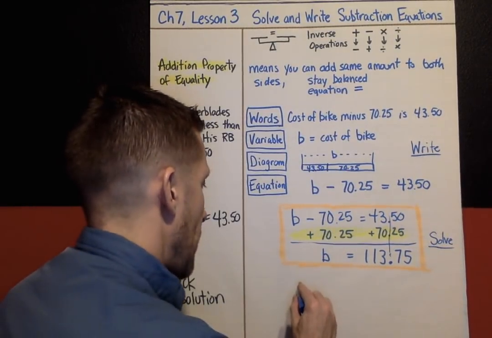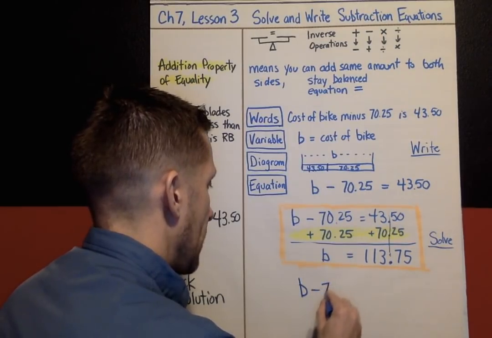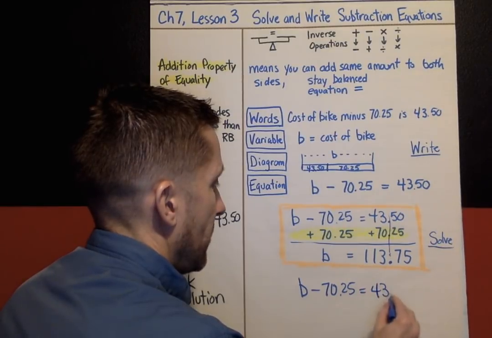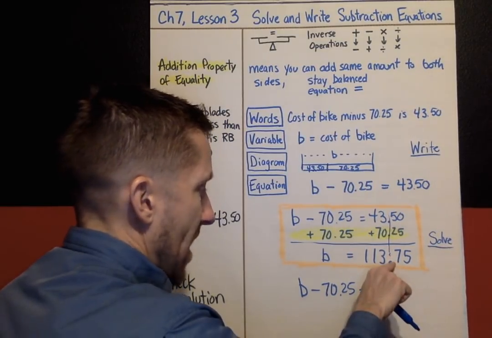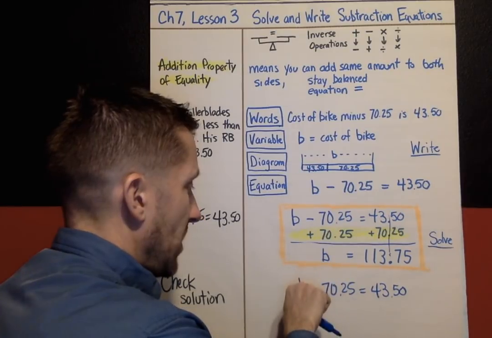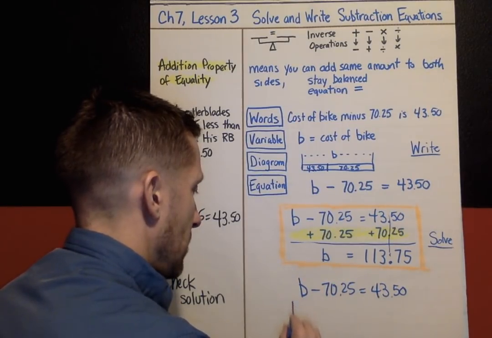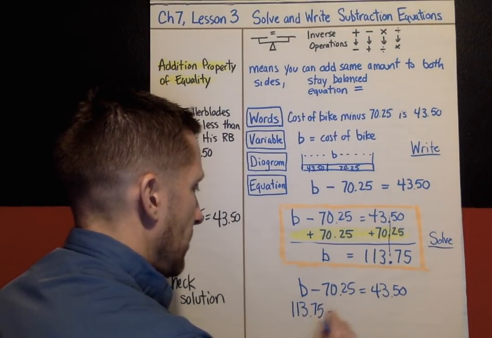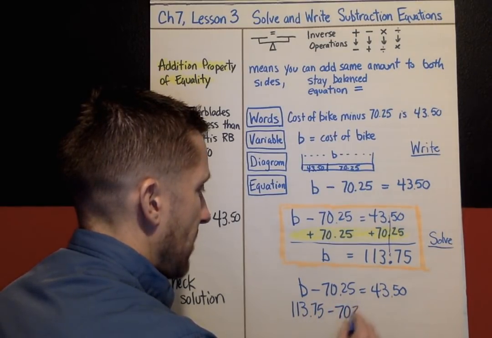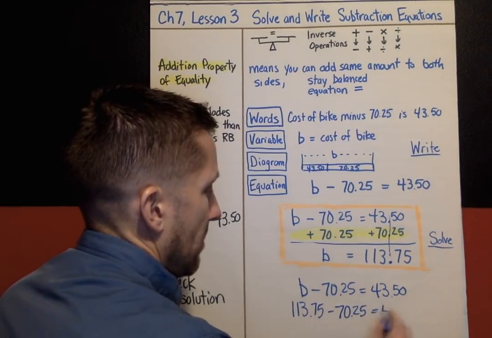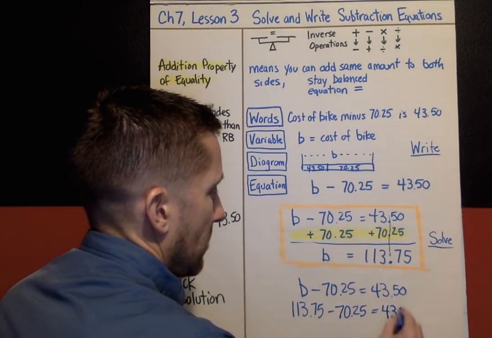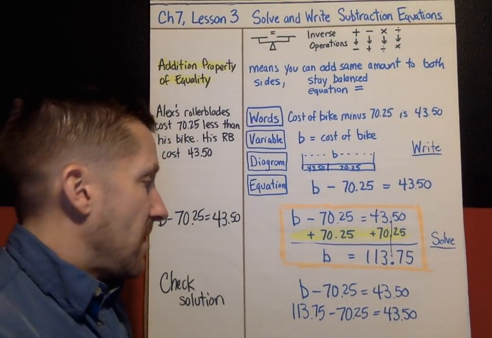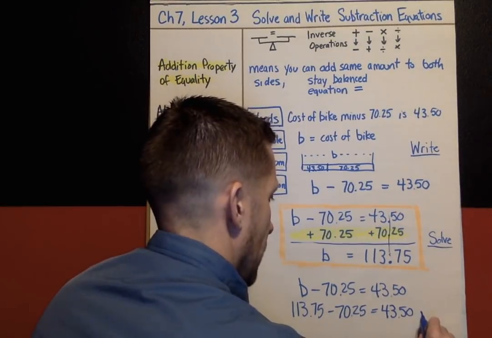So the original equation was B subtract 70.25 equals 43.50. I take my answer and I substitute it in for B. 113.75 subtract 70.25, and hopefully that equals 43.50. Check that on my calculator, and yes, it works.